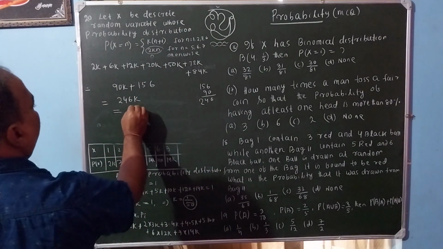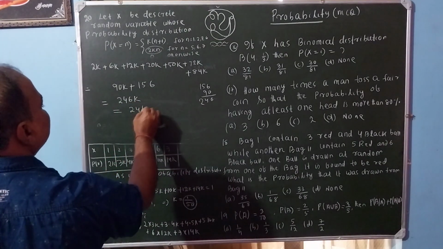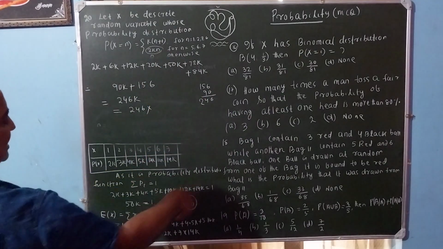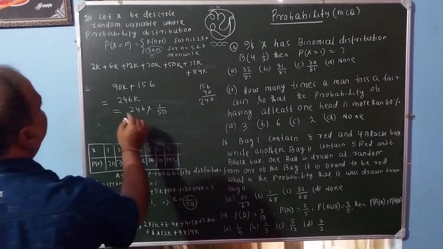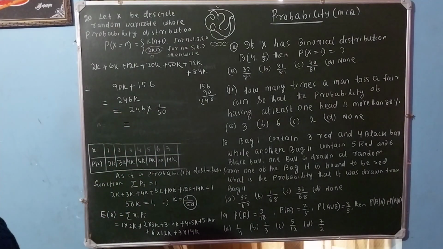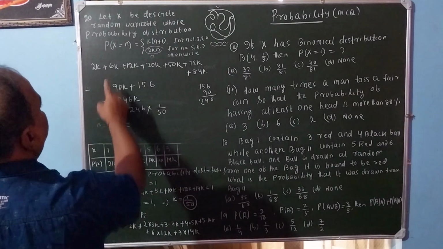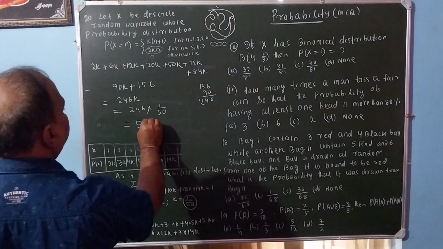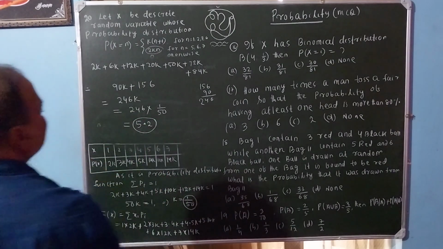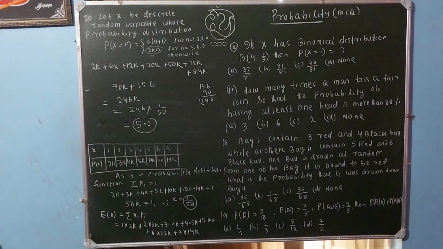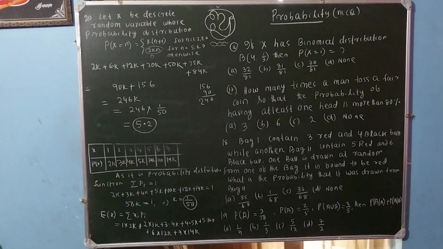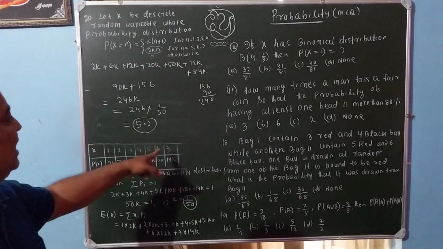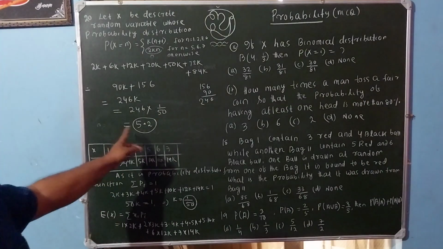Now putting the value of k as 1 by 50, after division the result is 5.2. The choices are 5.2, 5.1, 5.3 and none, so the correct answer is 5.2.